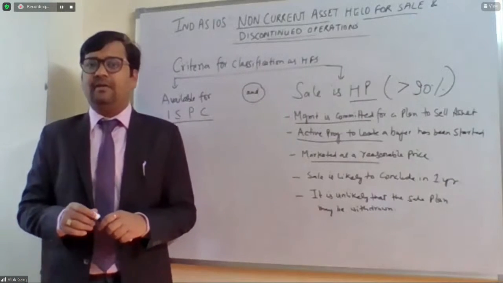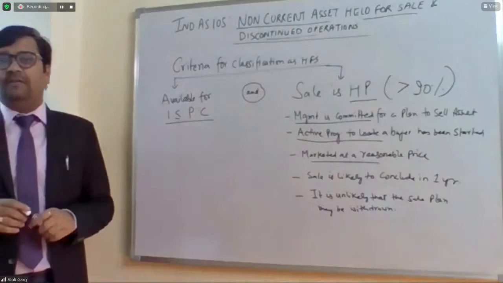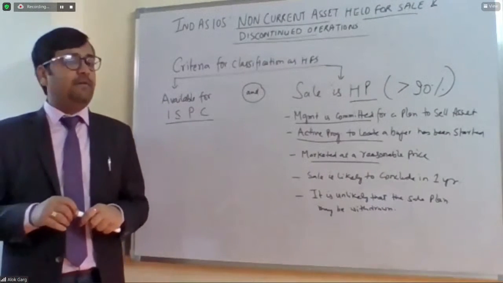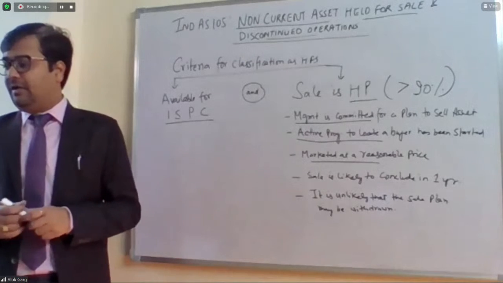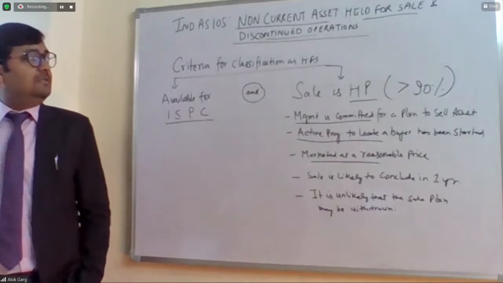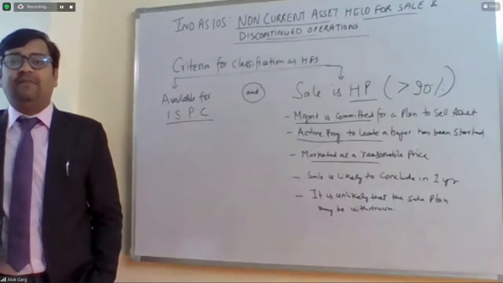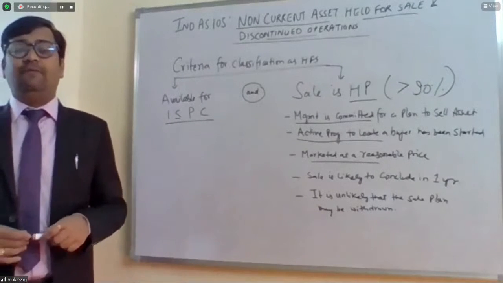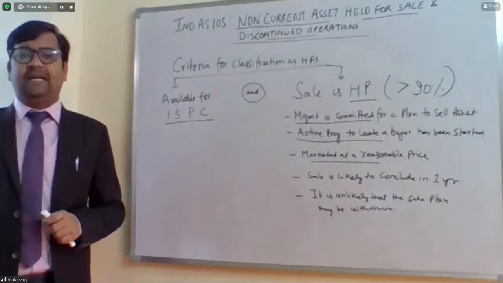Students, can anyone summarize when an item will be classified as held for sale? It will be classified as held for sale when it is available for immediate sale in present condition and the sale is highly probable.